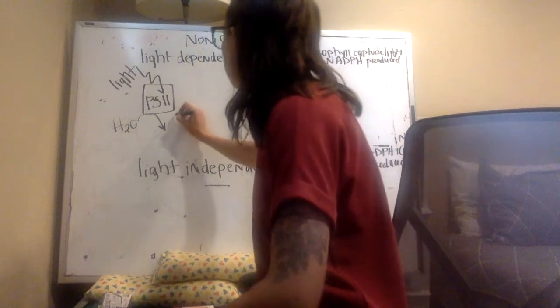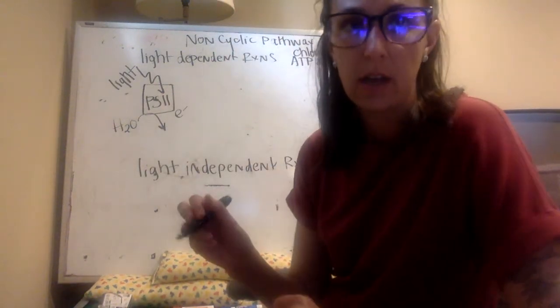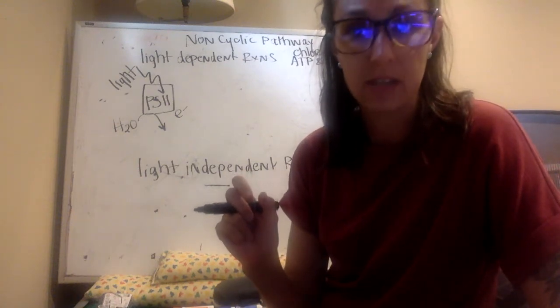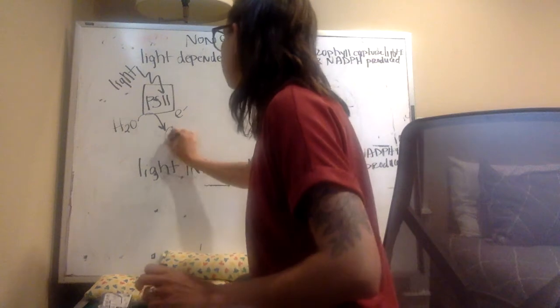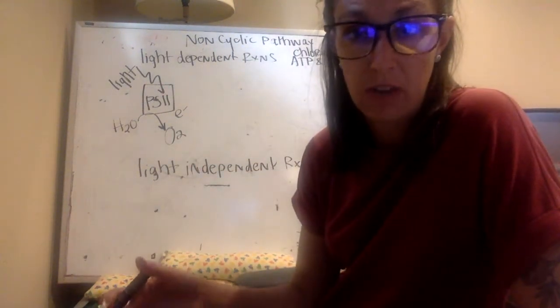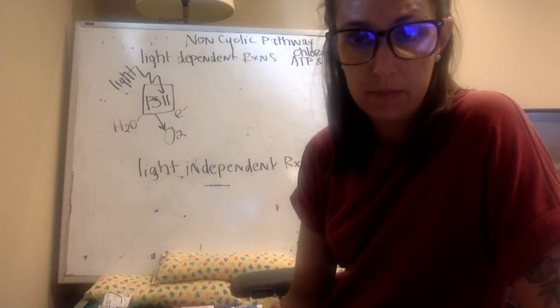And then again, we get an electron from the water. The other thing that's produced with many organisms is oxygen. Think about how forests and stuff give off oxygen. So if the organism is oxygenic, it will give off oxygen.